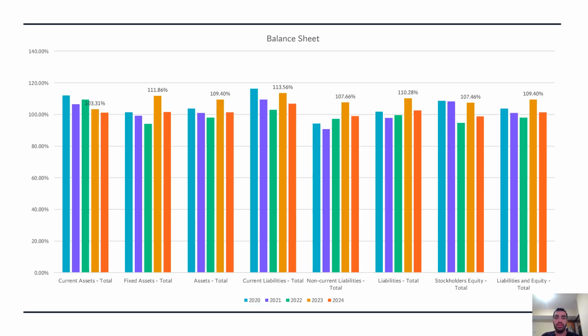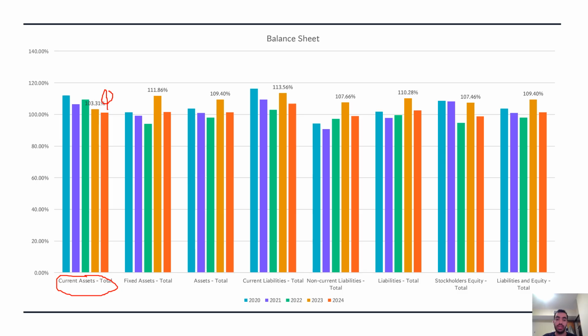Now I'm pointing out the balance sheet of CVS, which shows the financial position over 5 years. I'm beginning with the current assets. The current assets fluctuated slightly and ended slightly higher by 2024, reflecting minor growth in short-term liquid assets.